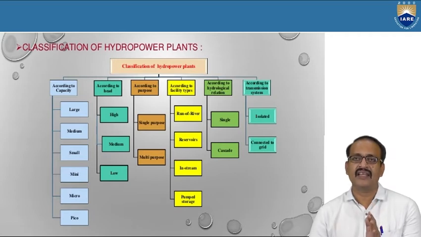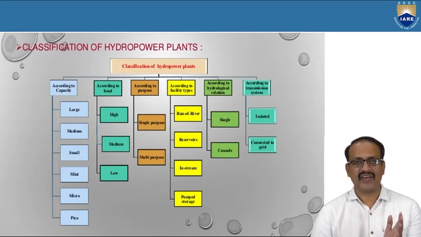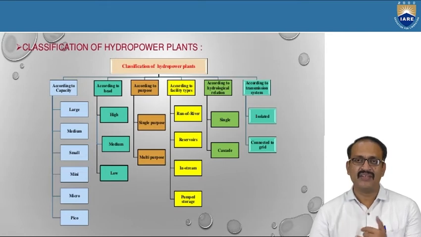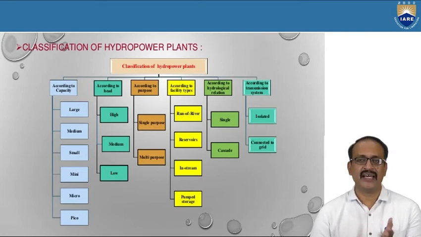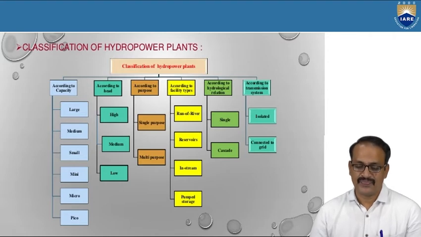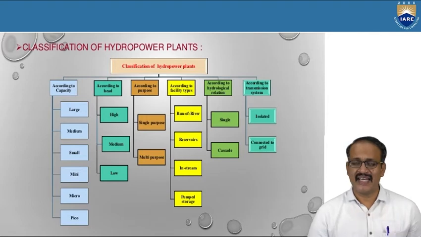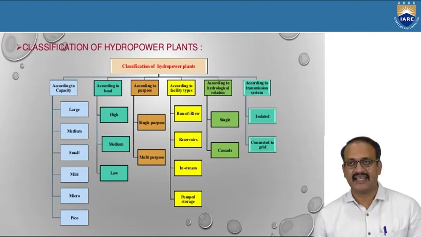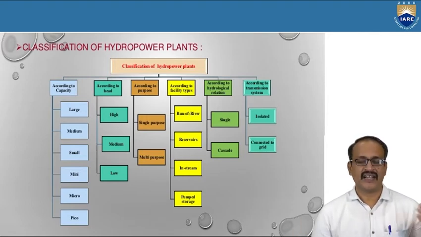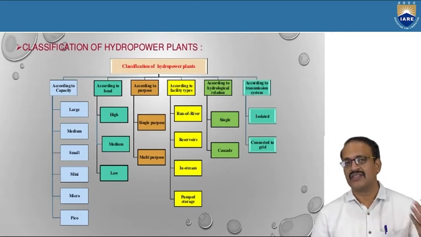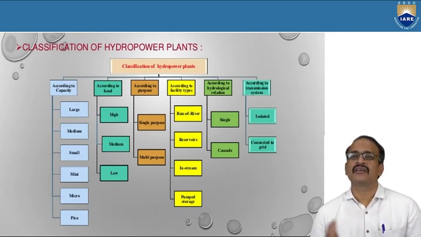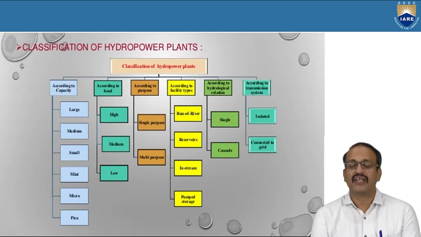Based on the facility, whether it is a runoff type, in-stream type, pump storage type, or reservoir type. And based on the hydrological relation, whether it is single or cascaded, and whether it is connected to the grid or isolated and standalone.